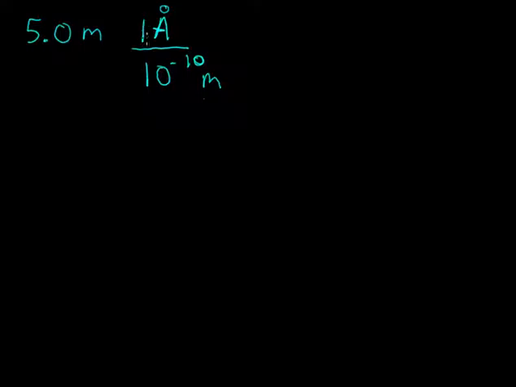The meters will cancel and we'll have angstroms, so we're going to have 5.0 times 10. Well, we have 10 to the negative 10 on the bottom. So when we divide, our rules of exponents say that's going to become positive upstairs. So it's 5 times 10 to the 10th angstroms.